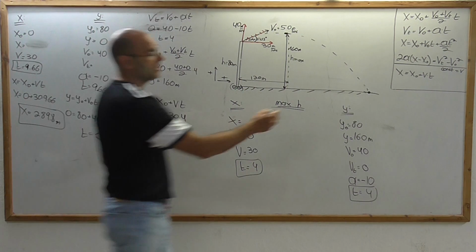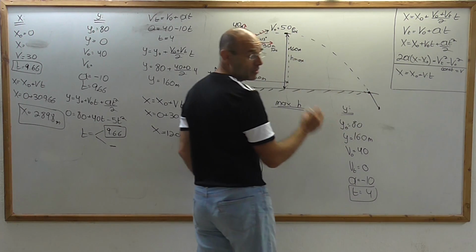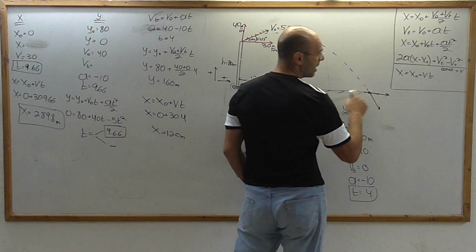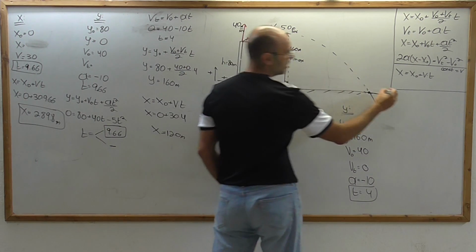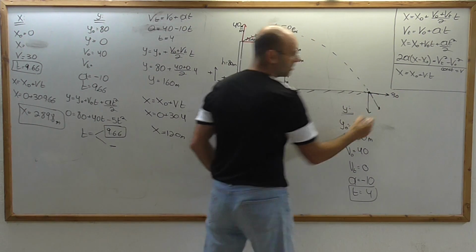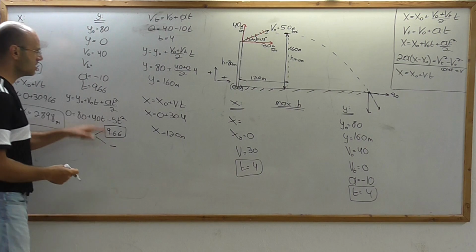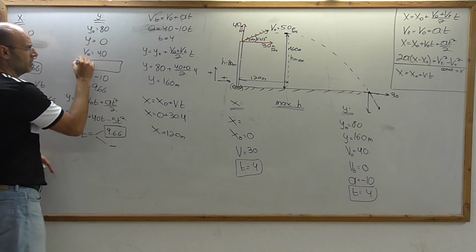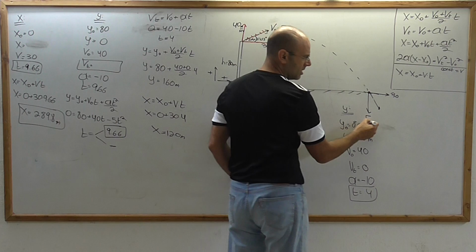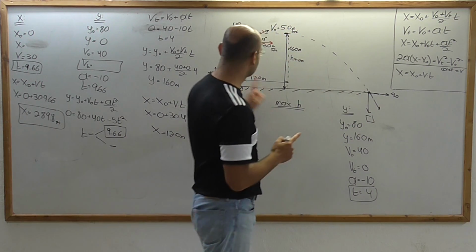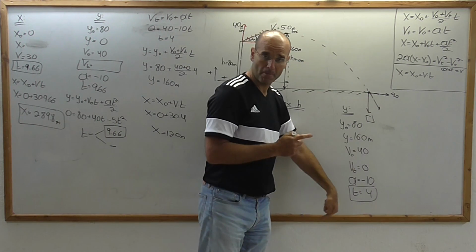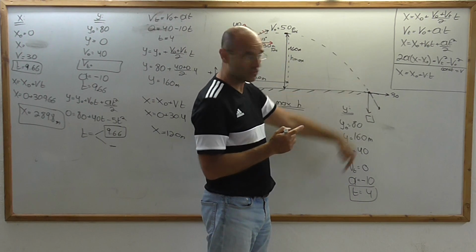If I want to find the angle at which it reaches the ground, I remind you what we do. We take the x velocity, which is 30, it's constant. We find the y velocity, it's easy. We find the vt from here and place it there. It should be minus, because this is the positive direction and this is the direction it reaches the ground.